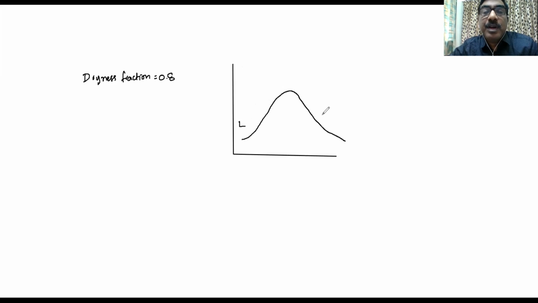Here liquid, here gas, and here liquid plus gas. This is the temperature, and this is the entropy. Or it may be H also.